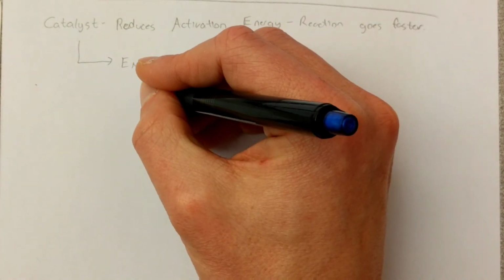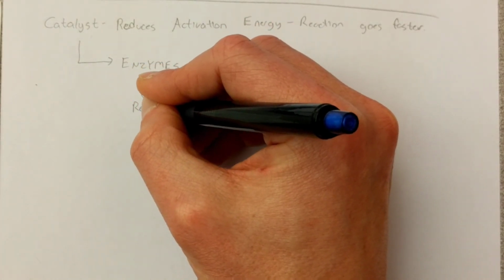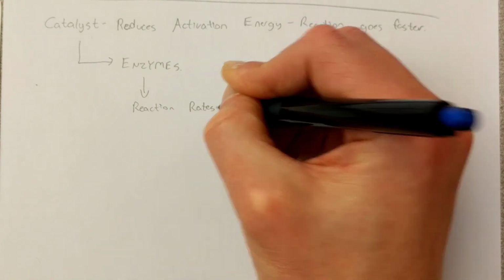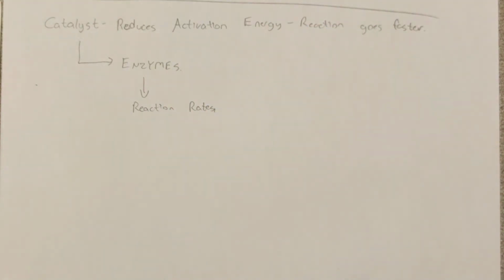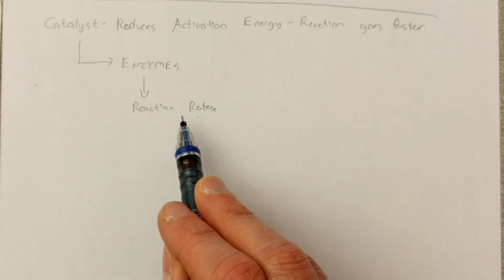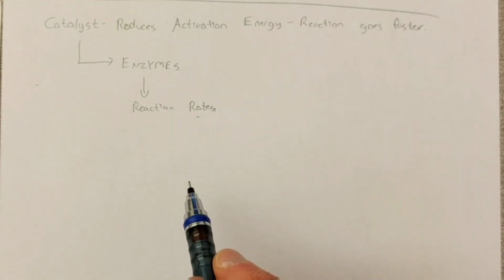Now, how does this relate to reaction rates? Without enzymes, most chemical reactions won't take place. They've reduced the amount of activation energy enough so that a biochemical reaction can take place.